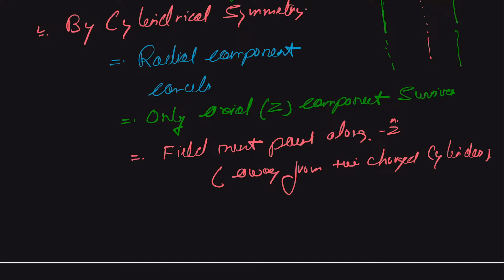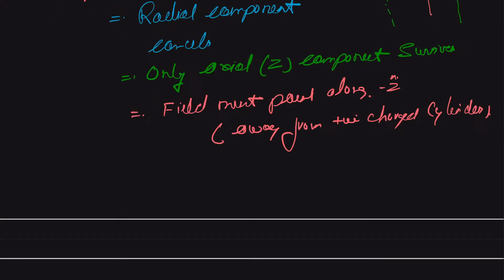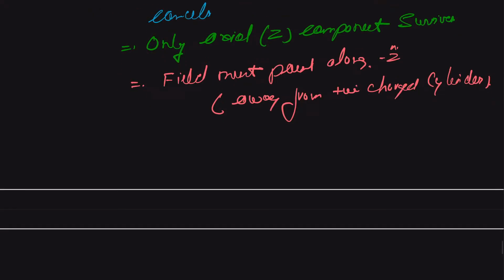Okay, now let us break up this shell into charged rings. Like in case of the semi-infinite wire, we considered a small portion, that is of dq of thickness dx. Similarly, we are going to consider these small rings, and then we are going to integrate for this entire shell. So we break the shell into charged rings.